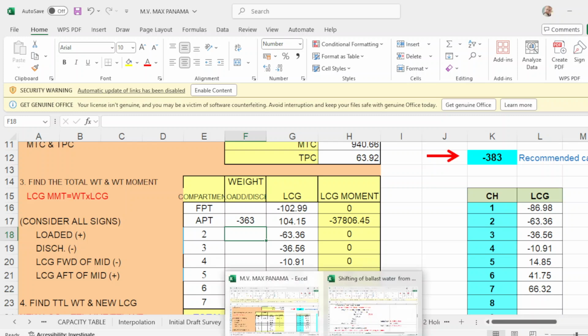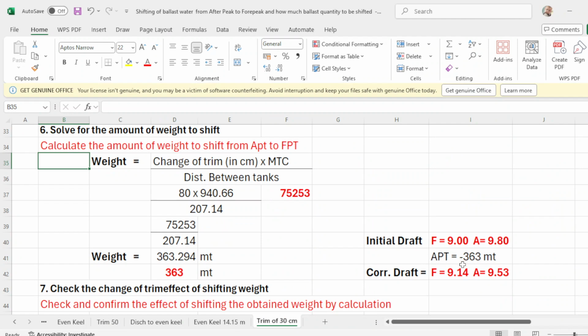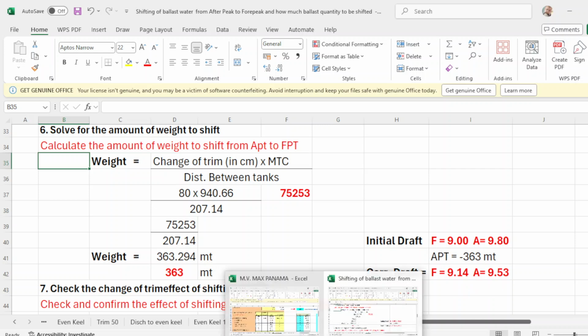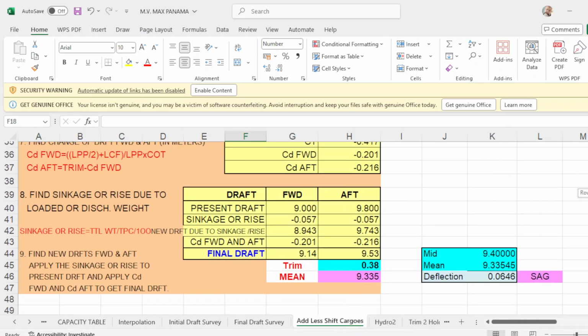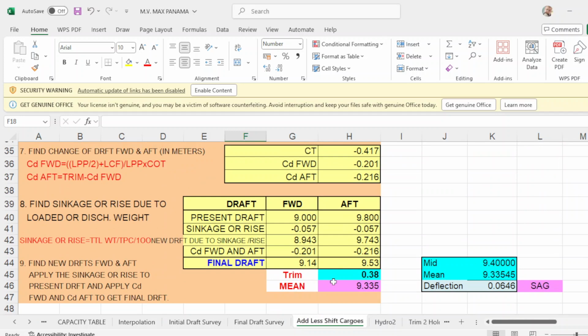So from your initial drop of 9 meters and aft drop was 9.80, you take out ballast of 363, then your corrected drop will be 9.14 forward and aft will be 9.53, which is this one, guys.